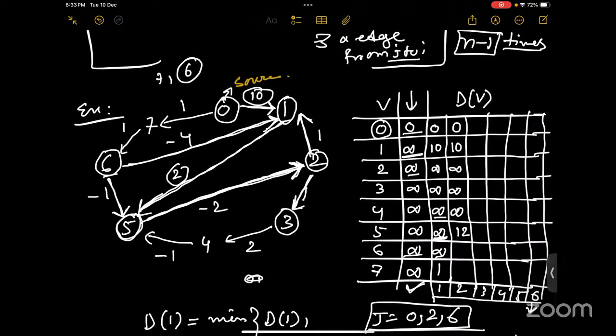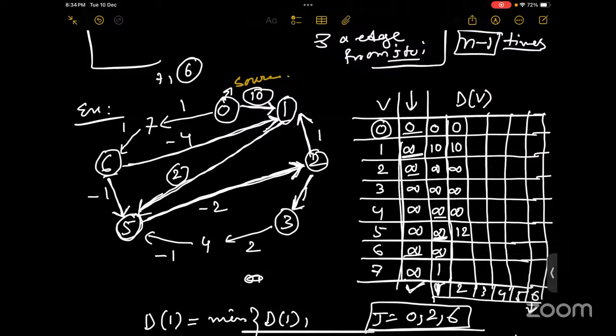So we will take the distance of the previous column when we calculate the distance of some column. We have already calculated the distance to 1 as 10 now, but in step 1. So when we are calculating step 1, that means the column 1, we will take the data from the previous column.